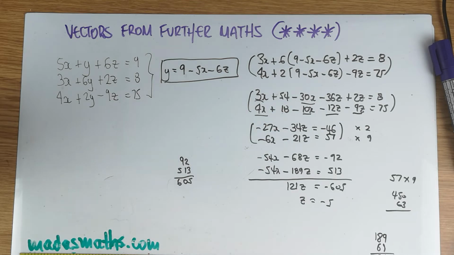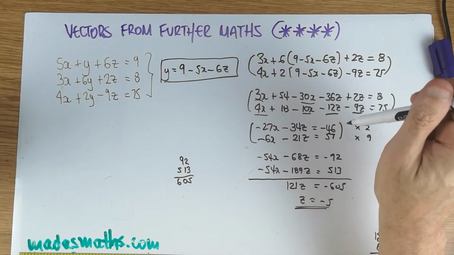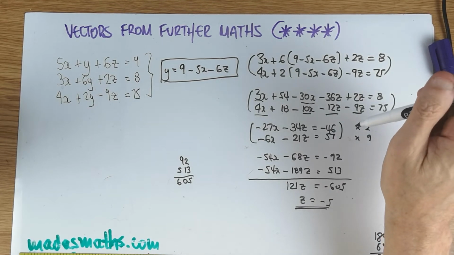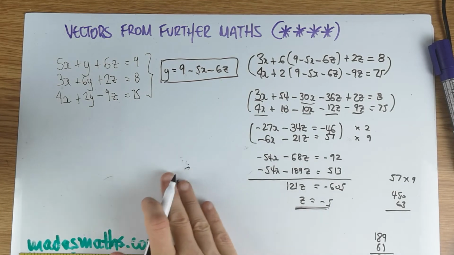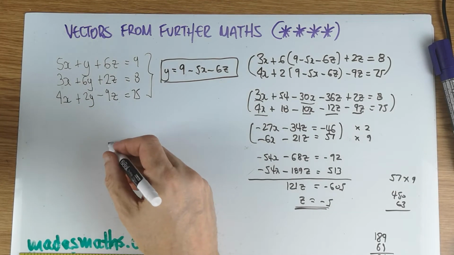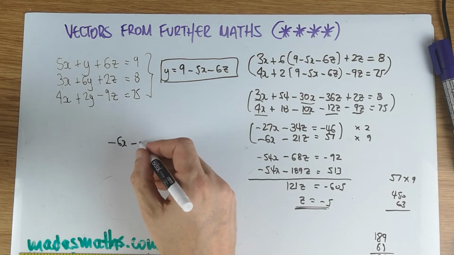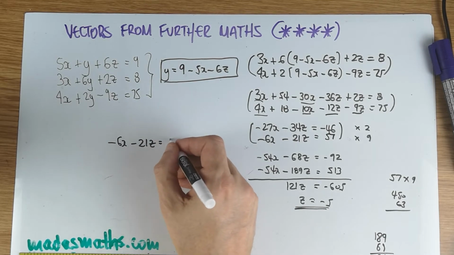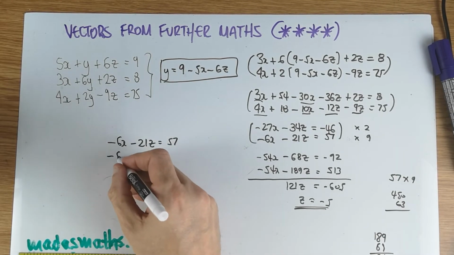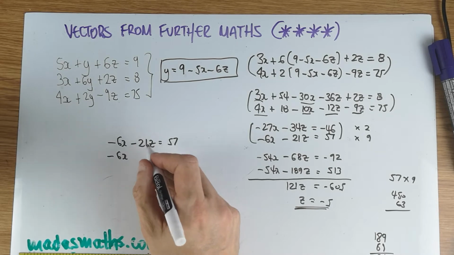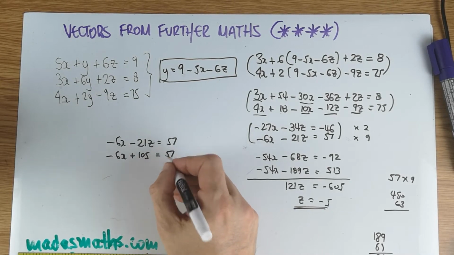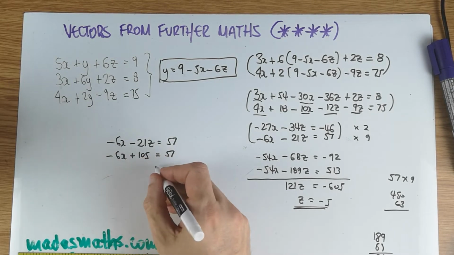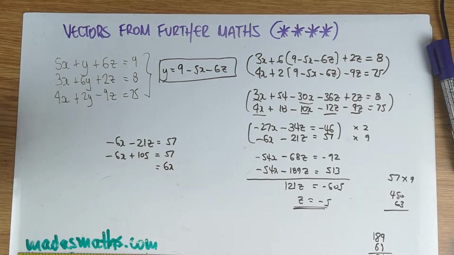So z is equal to minus 5. And for x, the best equation to use from here is the one that says minus 6x minus 21z is equal to 57. Minus 6x, 21 lots of negative 5, so it's going to be plus 105 is equal to 57, and that's going to be a positive 6x on this side.